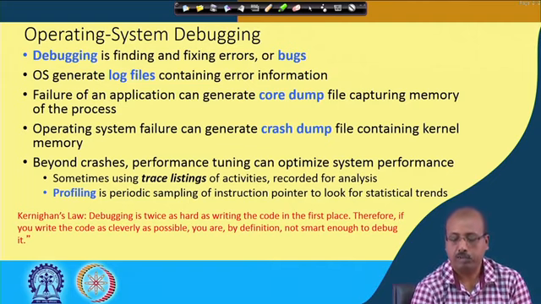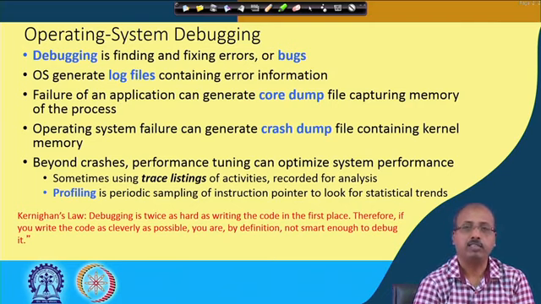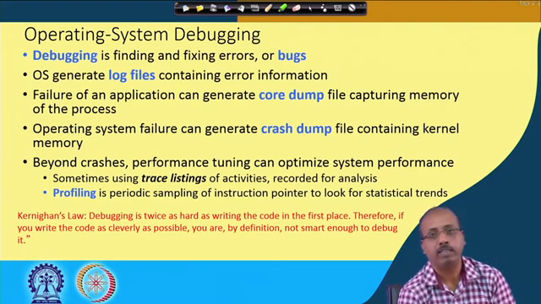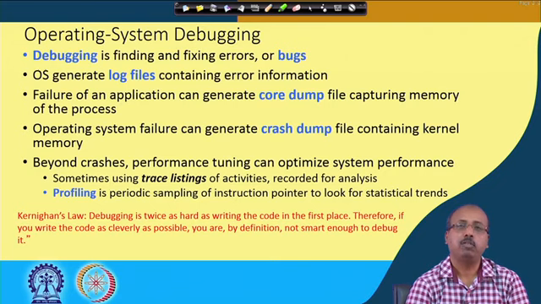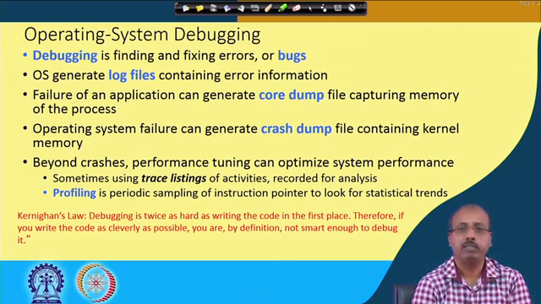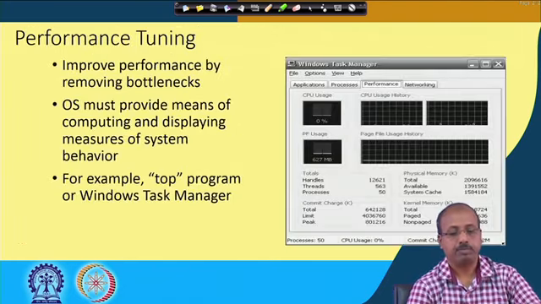So, if you write the code as cleverly as possible, you are by definition not smart enough to debug it. Cleverly written code means there will be many tricks in the code, so understanding that code becomes difficult. It is advisable that while designing such a big piece of software like an operating system, we avoid these clever tricks as much as possible, because that will make debugging very difficult.